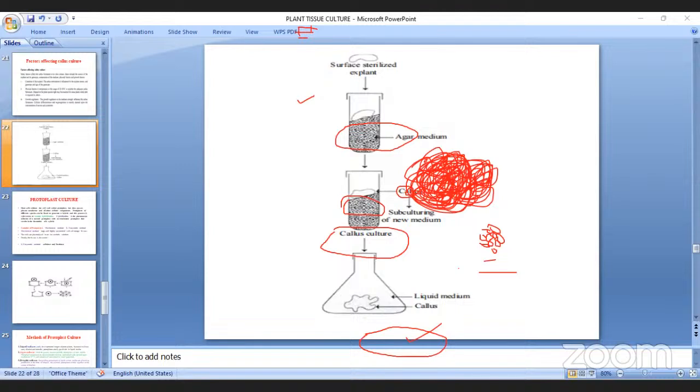Next one, protoplast culture, I think, right? Yes, sir. Protoplast culture is important. Let's see protoplast culture.